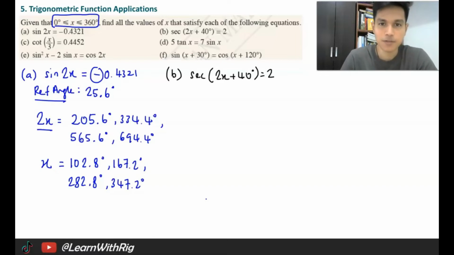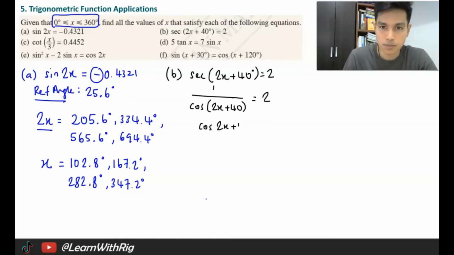Alright, so sec 2x plus 40 equals to 2. So secant is what? Secant is 1 over cos, right? So 1 over cos 2x plus 40 equals to 2. So in other words, cos 2x plus 40 equals to 1 over 2.